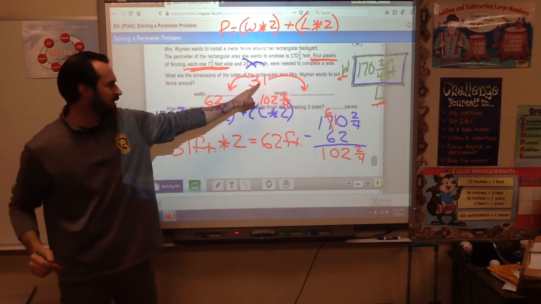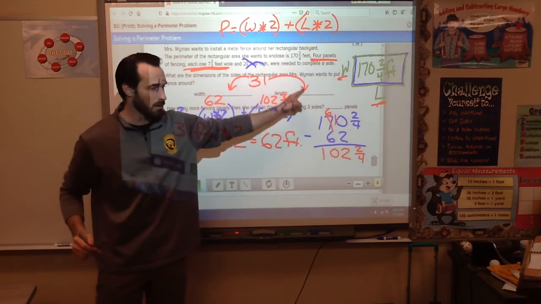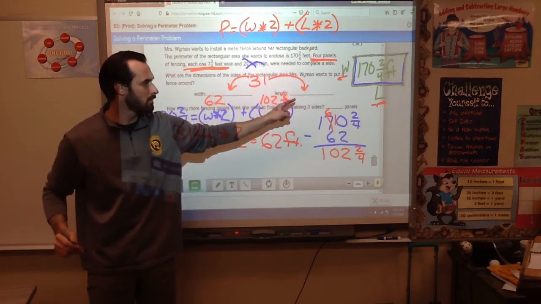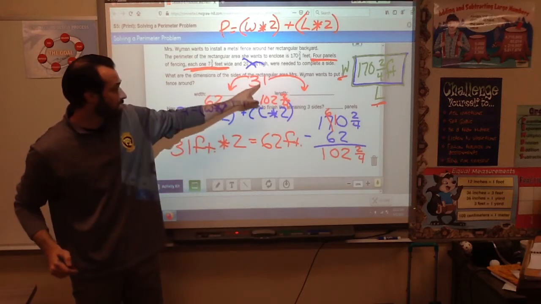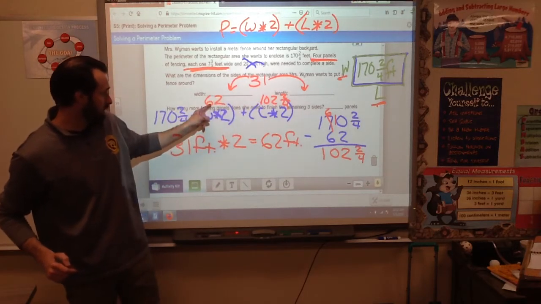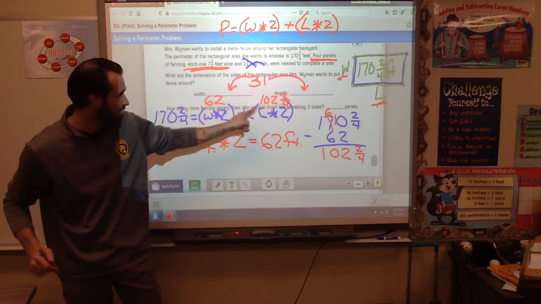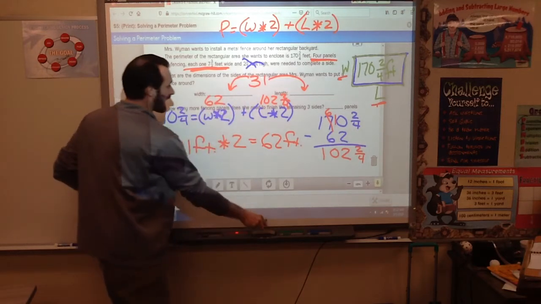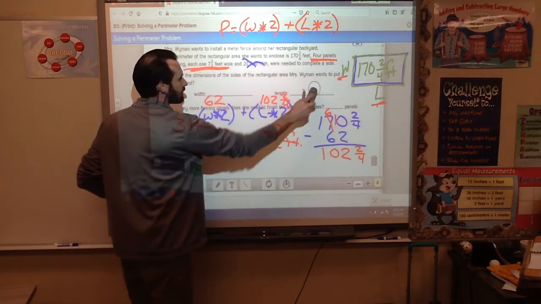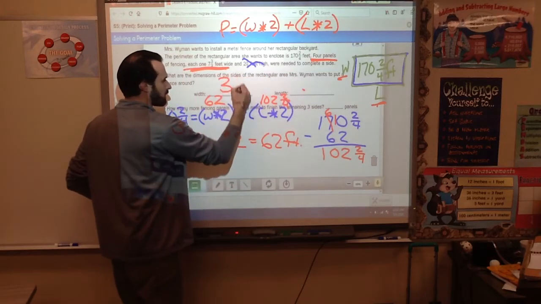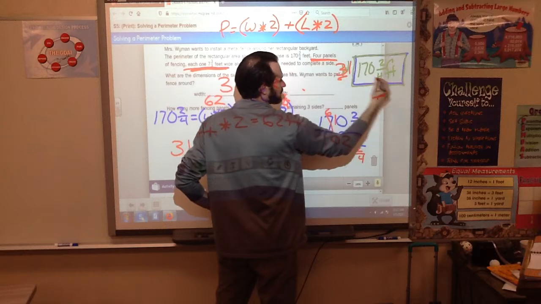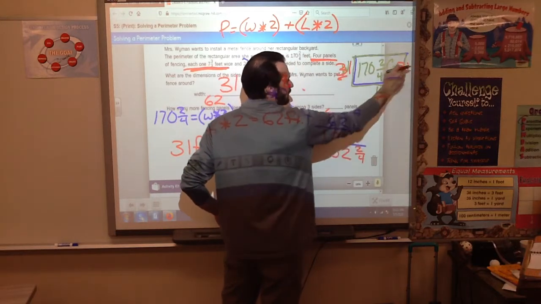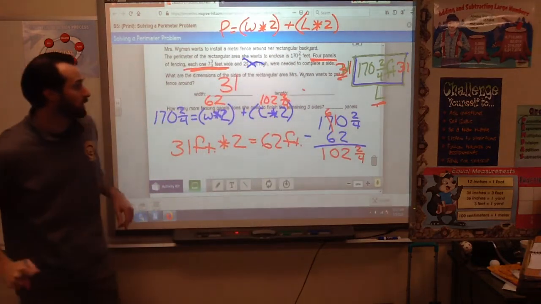So then was this 31 our width or our length? Because 31 times 2 is 62 and it's less than this, I kind of gave it away. The 31 is actually your width. So this is 31 and so is this. 31 plus 31 is 62.